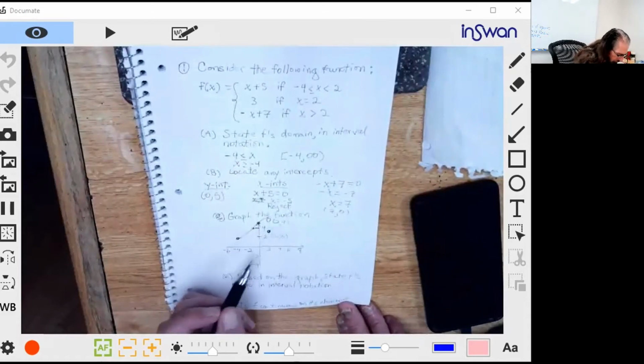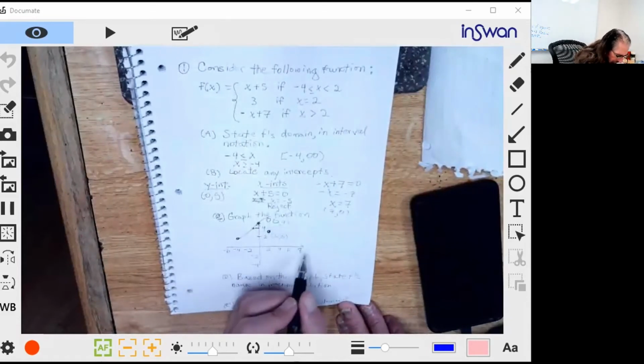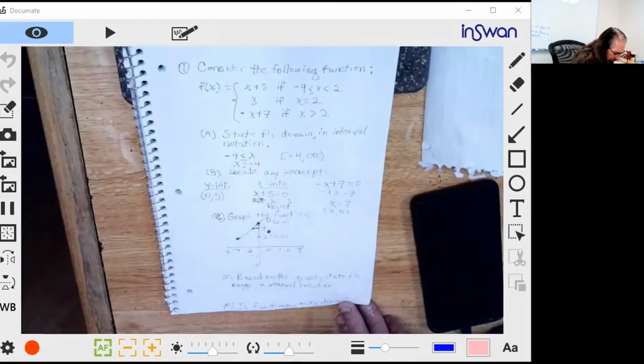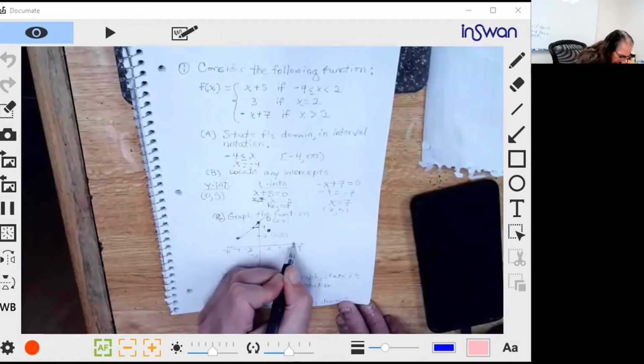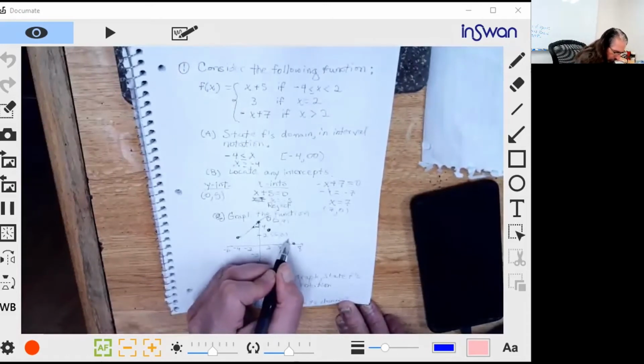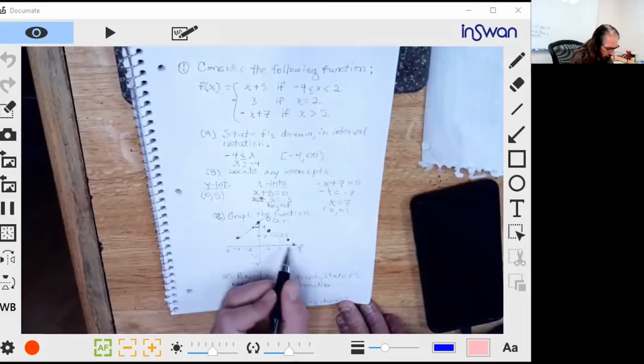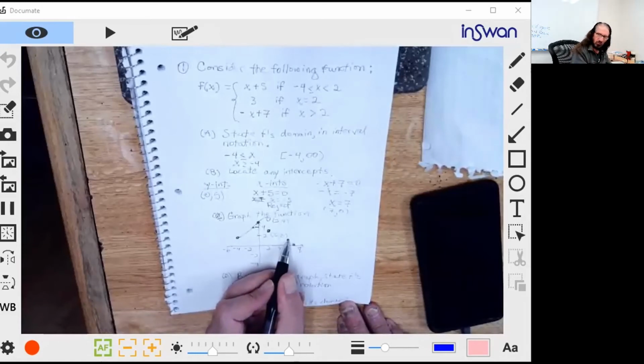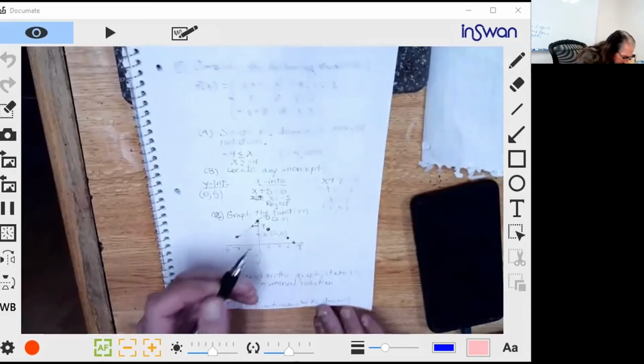Then we also found out that on the last interval that we've got an x-intercept at 7, 0, the slope is -1. So if I go back to 6, 1, that will be down 1 and right 1 to the 7, 0.